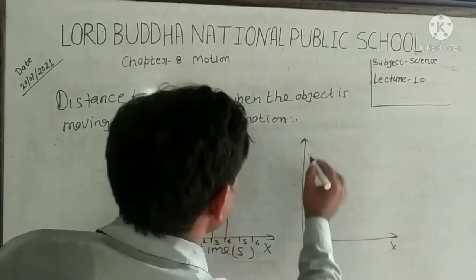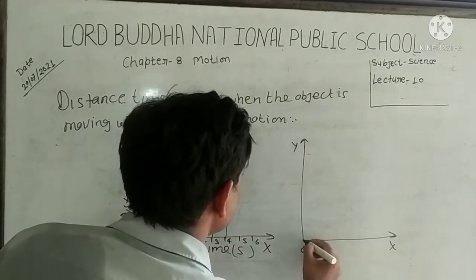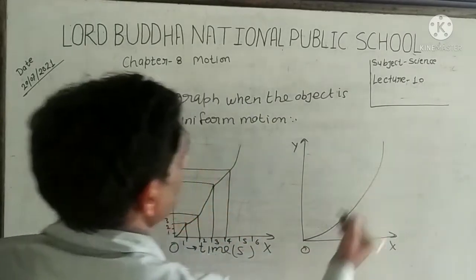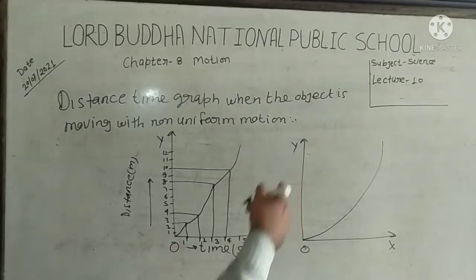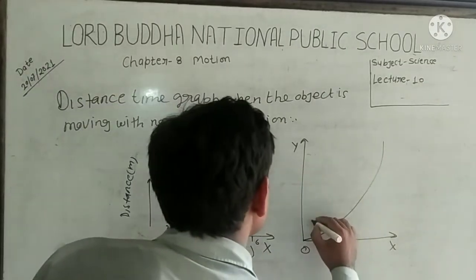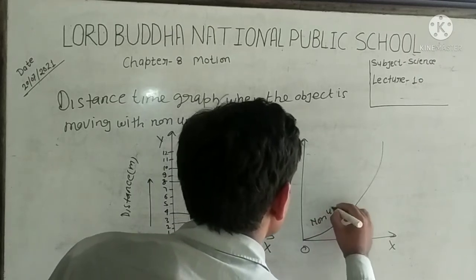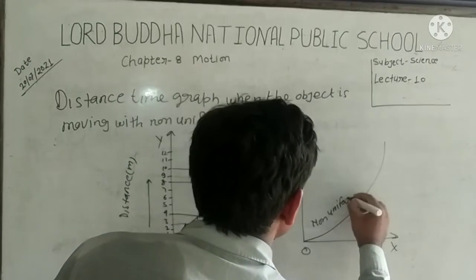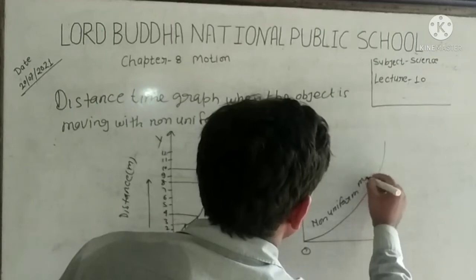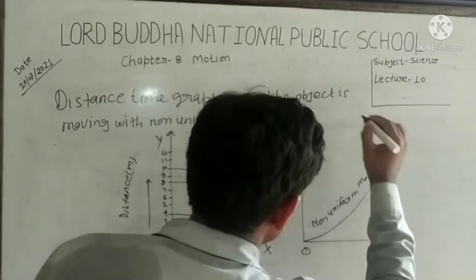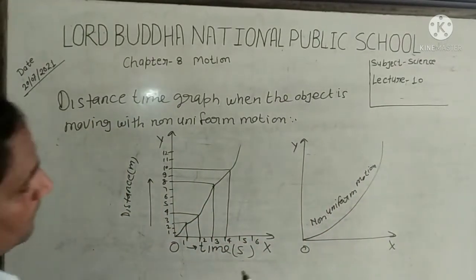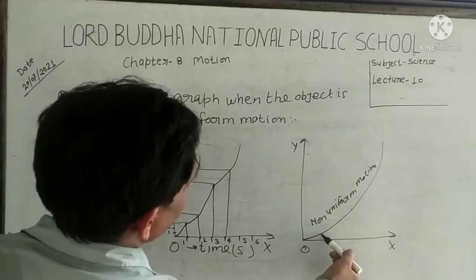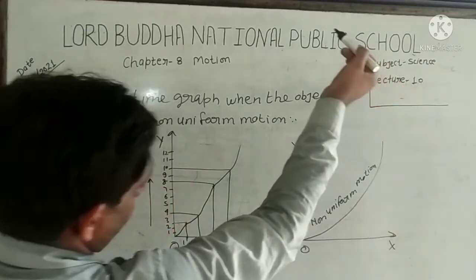O, X and Y. The distance time graph for non-uniform motion will be like this, meaning it will be increasing in the positive direction.